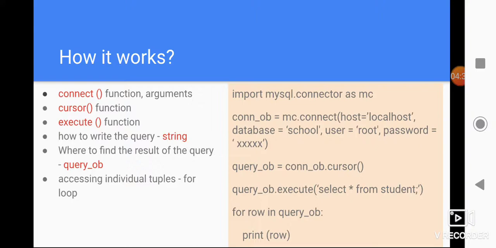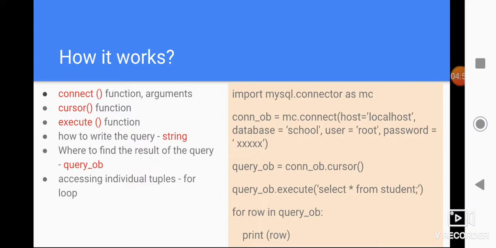Now, once this query object is created, the next function we use to run the query is the execute function. This execute function takes one parameter, which is the query you want to run. Now, the question arises how to write the query in the Python program.